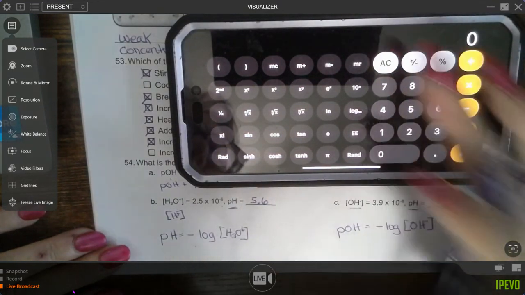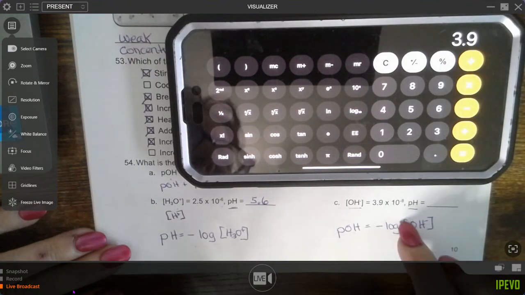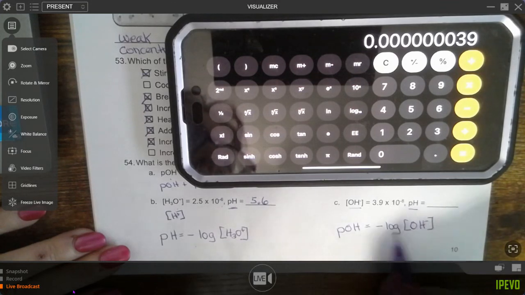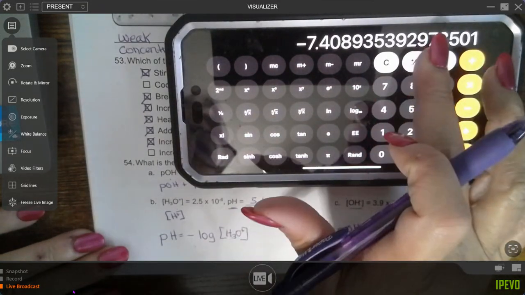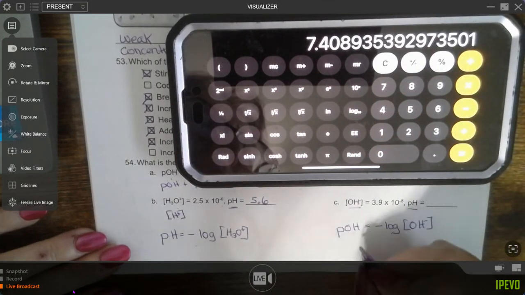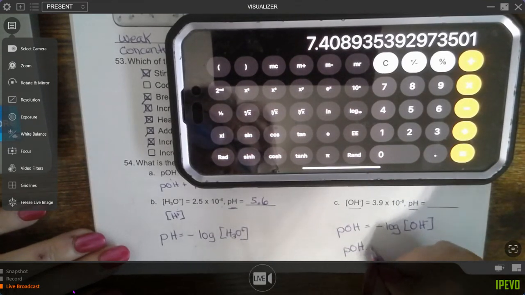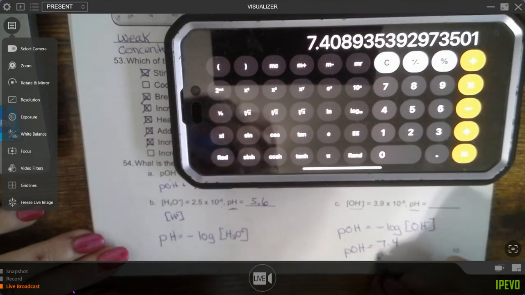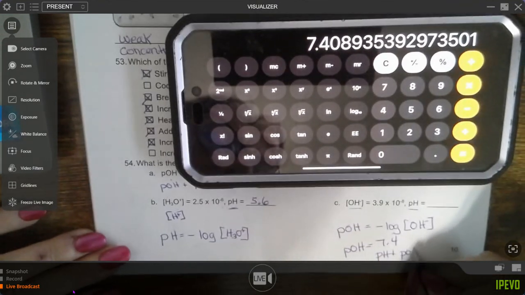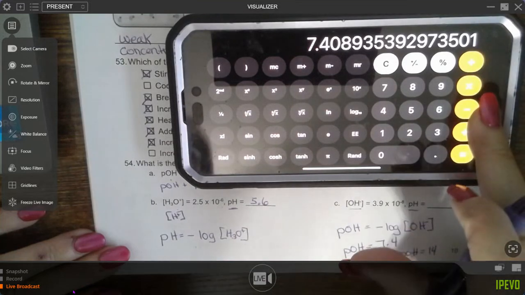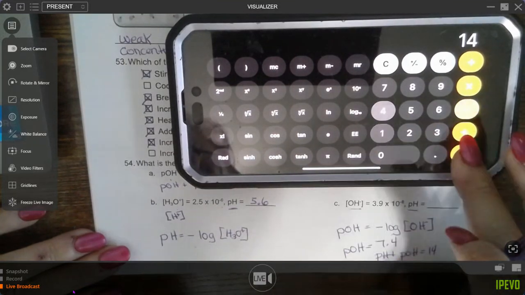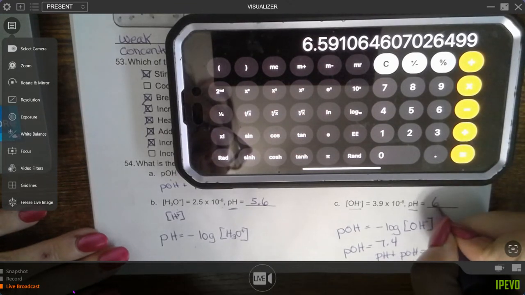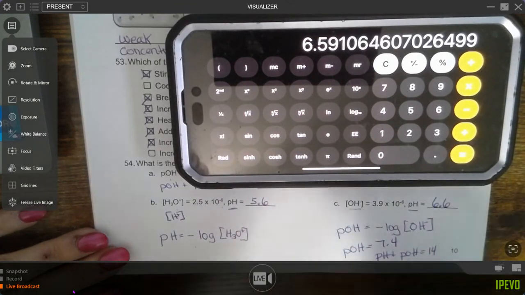So if I plug in 3.9 times 10 to the negative 8th, and do the negative log, this tells me pOH is 7.4. Then I know that pH plus pOH equals 14. So if I do 14 minus 7.4, it is 6.59. So I'm going to say 6.6 would be the pH.